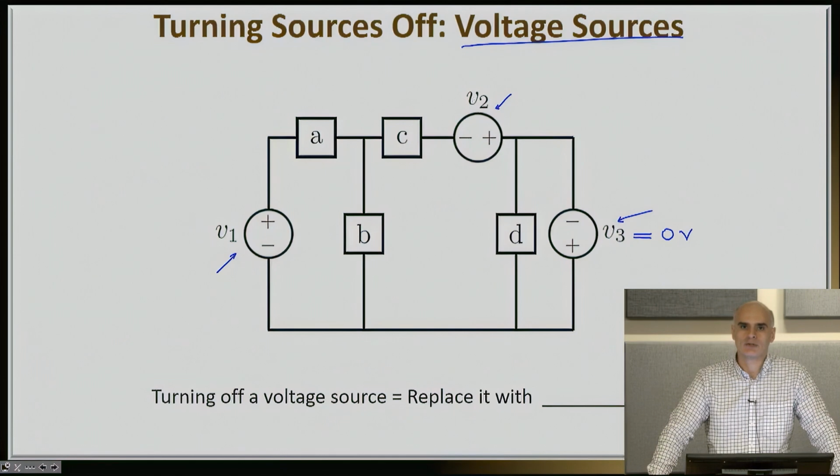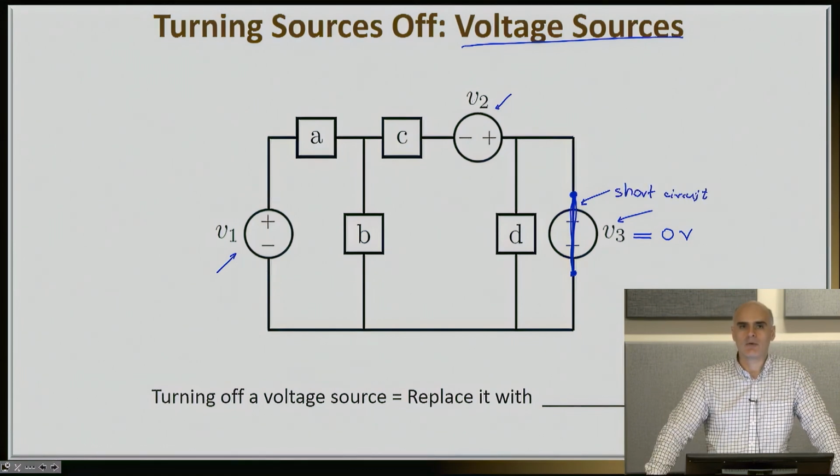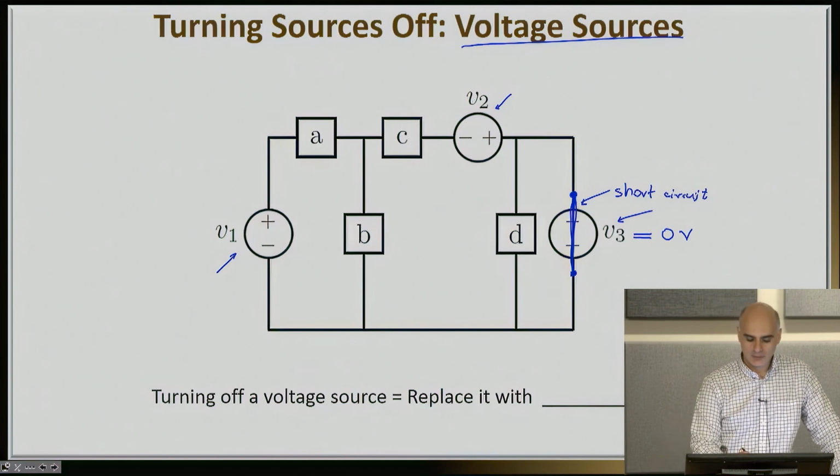The easiest way to do this is to replace this voltage source with a short circuit, literally a wire that connects its terminals. This wire is called a short circuit. Similarly, if I wanted to turn off V2, I would introduce a short circuit across its terminals.